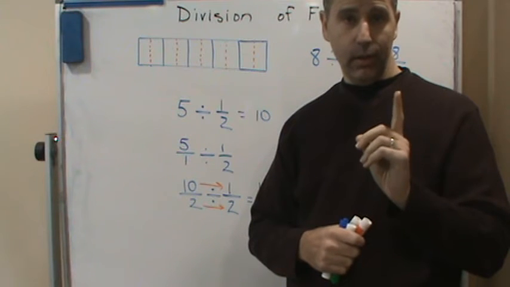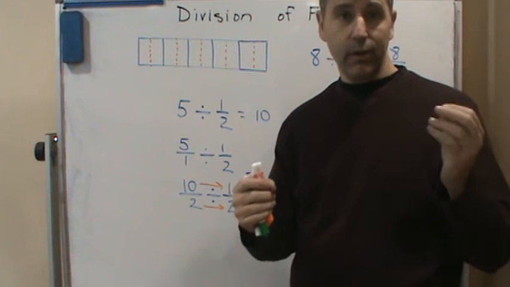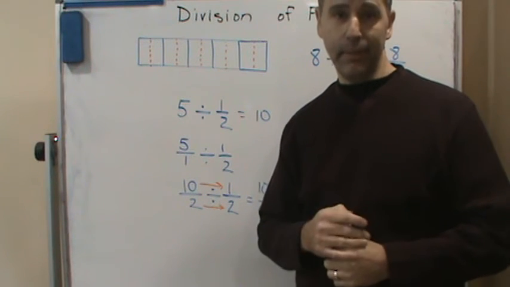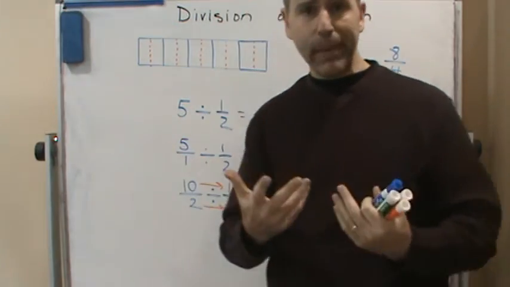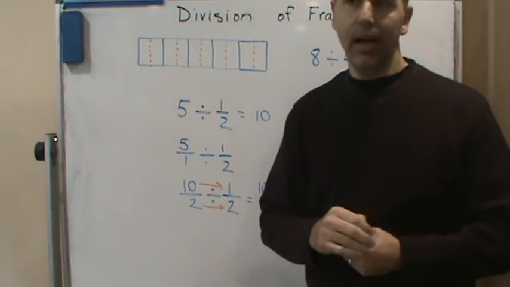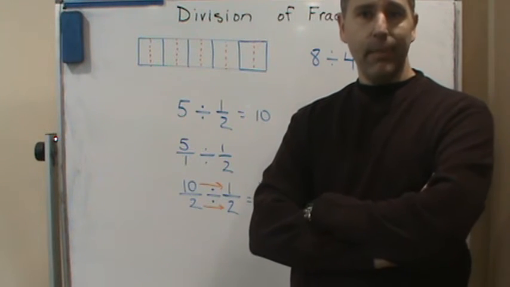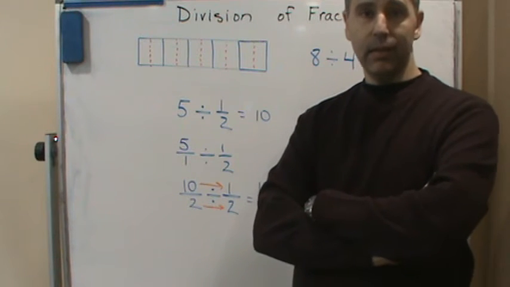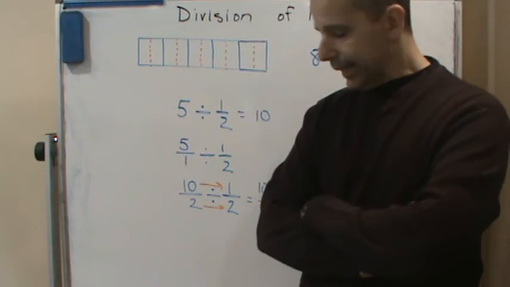So unlike multiplication, we can't just divide fractions anytime we want. They have to have a common denominator. Is there a better way of doing that? Is there another method that might be a little easier, where we can get the same answer?